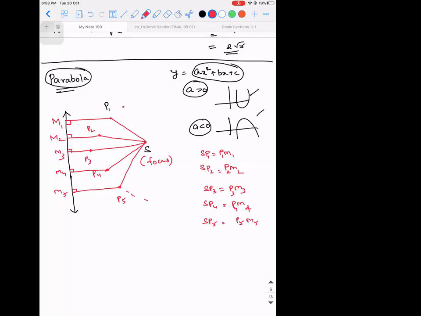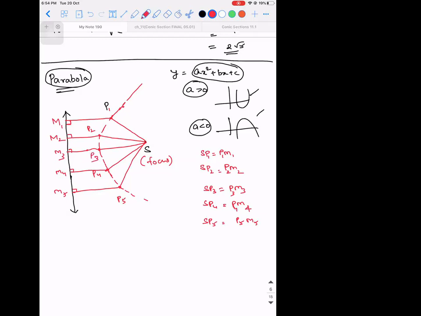So when I join everything, I use black color dotted lines. You're able to see a shape.